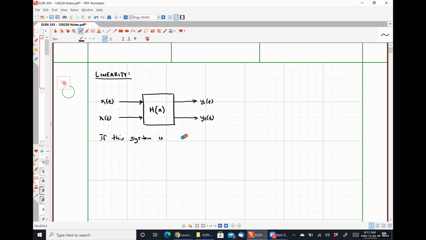that is not an L, the system response, or the output, must satisfy the following equation.